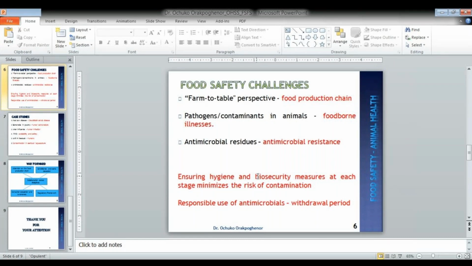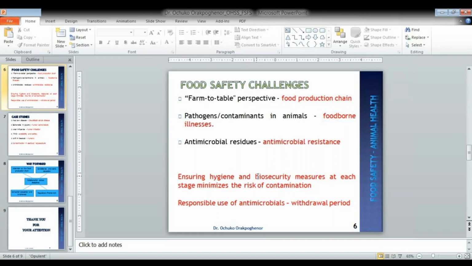This irrational use comes from the fact that animals are given antimicrobials, drugs or medications without prescription from a veterinarian. Farmers normally do this just to ensure the welfare of their animals. In doing that, these antimicrobials tend to reside inside the tissues of the animals, which, when these animals are consumed as meat, also resides in humans.